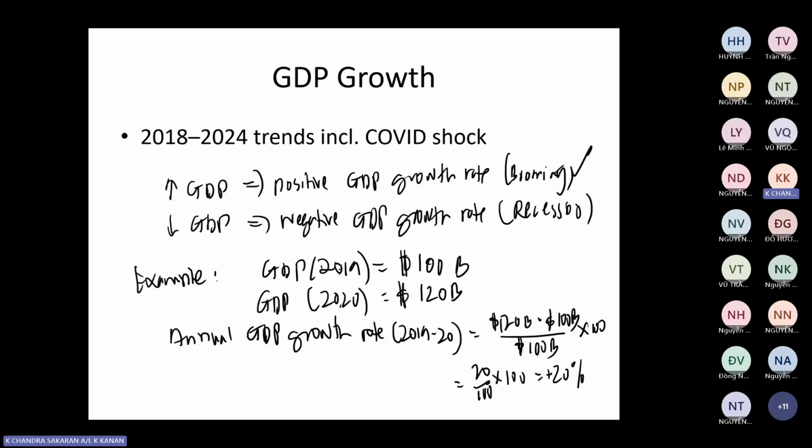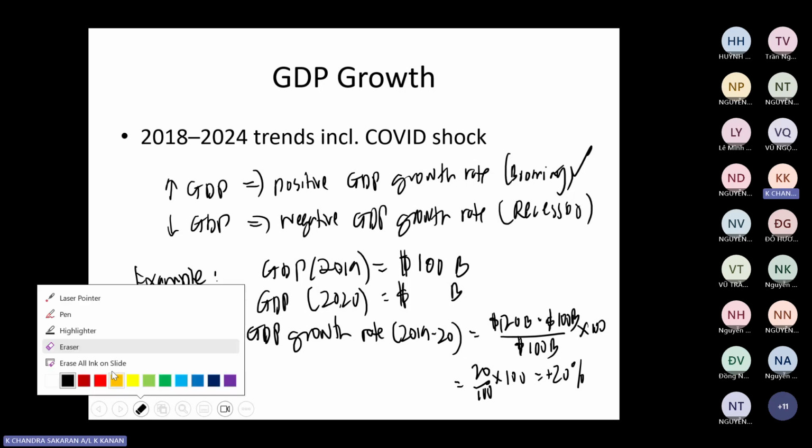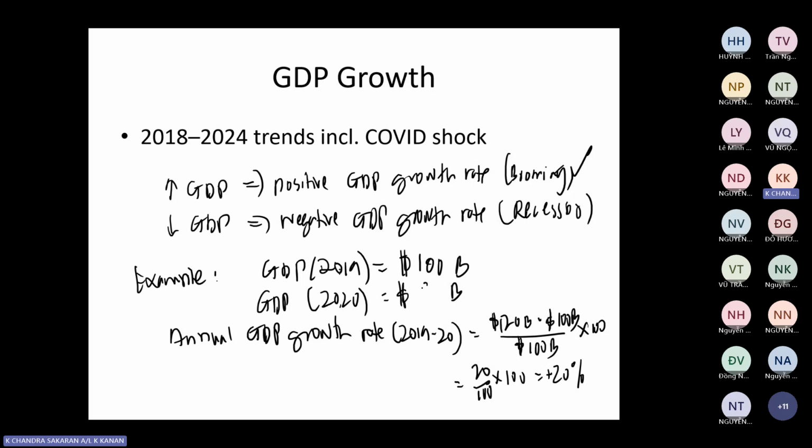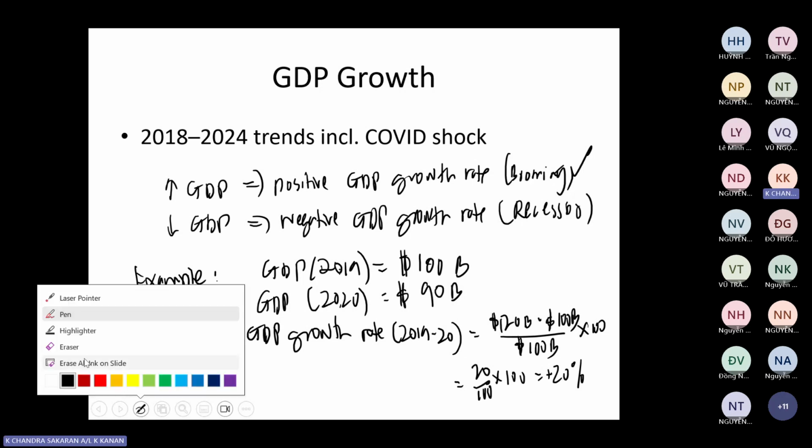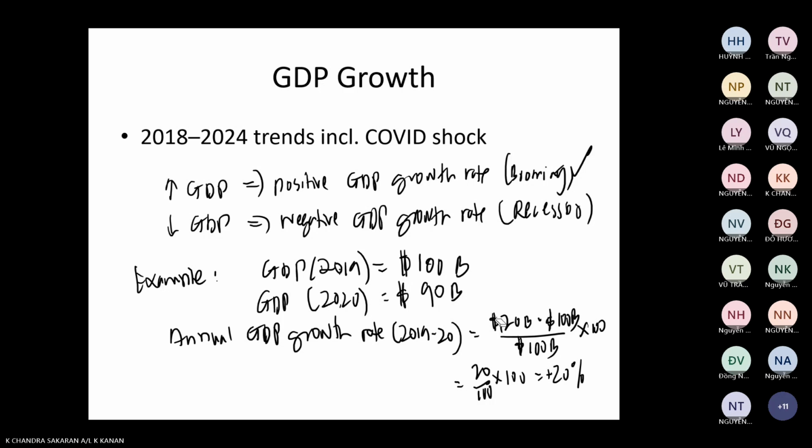But we know 2019 to 2020 the GDP fell, maybe from 100 billion to maybe 90 billion. If 90 billion, then the story is different. You have a different thing here. So you will have what? Negative growth.